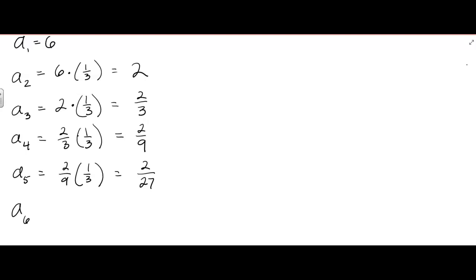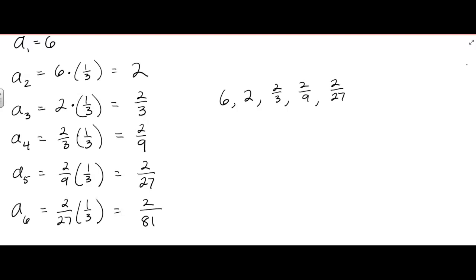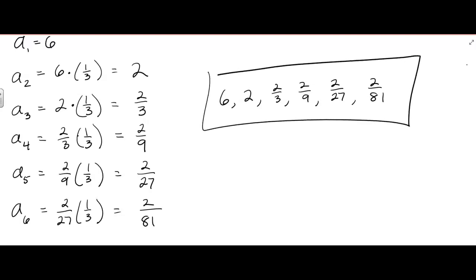And then my last term is going to be 2/27 times 1/3, which gives me 2/81. You can check out that multiplying, but that's what we get. So for the first 6 terms, I'm getting 6, then 2, then 2/3, 2/9, 2/27, and then 2/81. Those would be the first 6 terms. Okay?